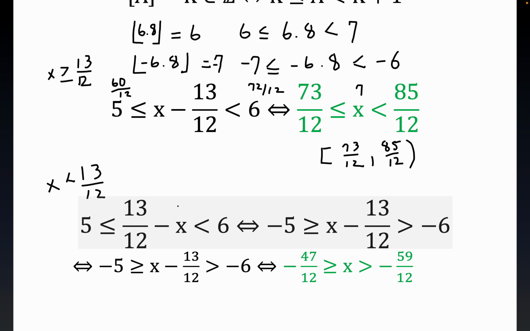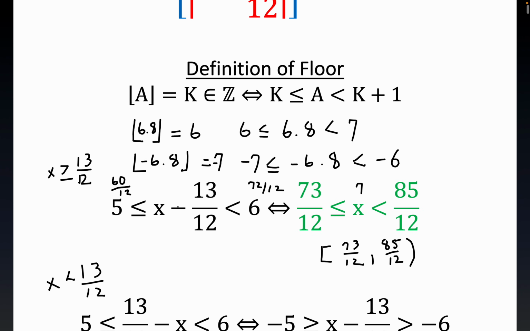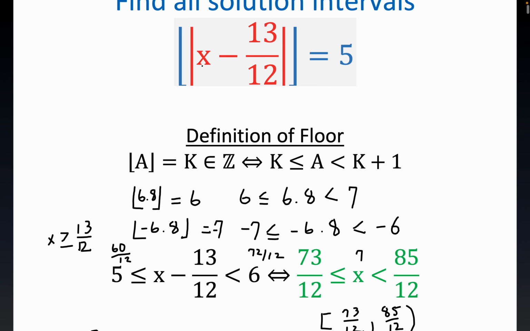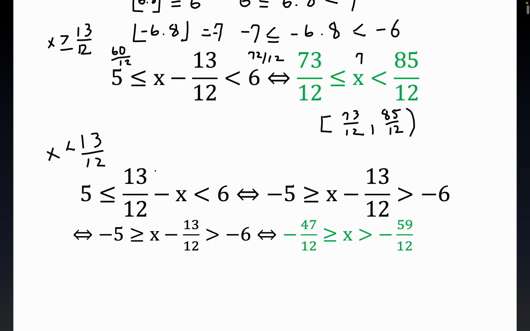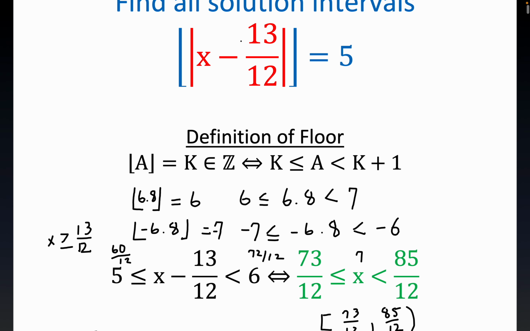And again, that just follows immediately from the definition of absolute value. I'm off the screen here, but if x is less than 13 over 12 right here, this would become negative, so the absolute value has to be positive. So you have to flip the signs down here, which is what we did. We have 13 over 12 minus x, not x minus 13 over 12.